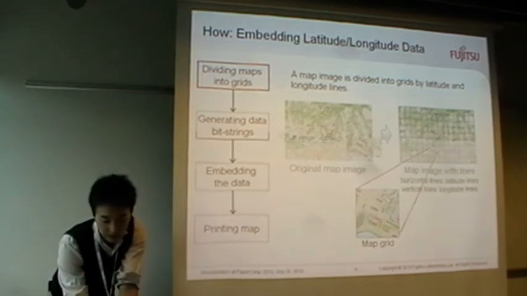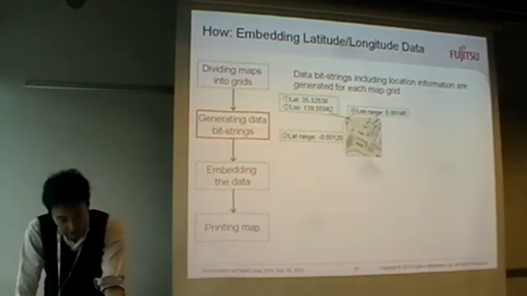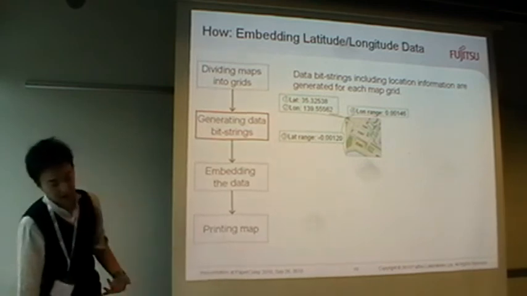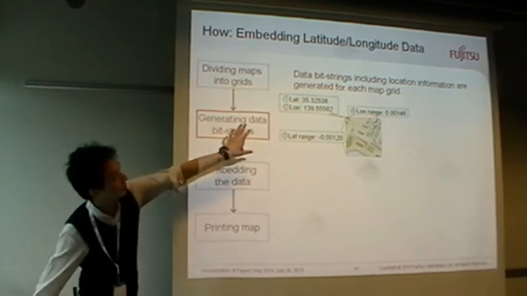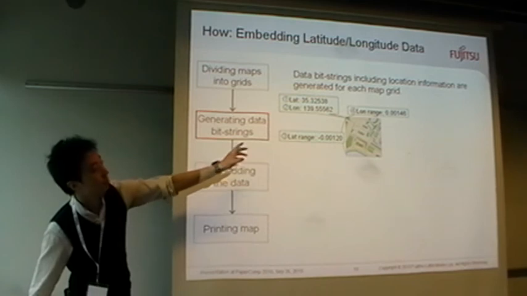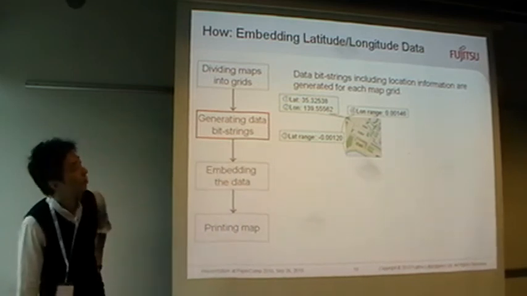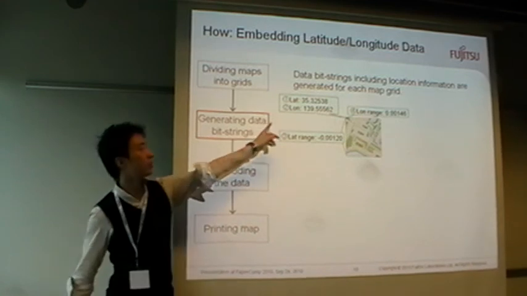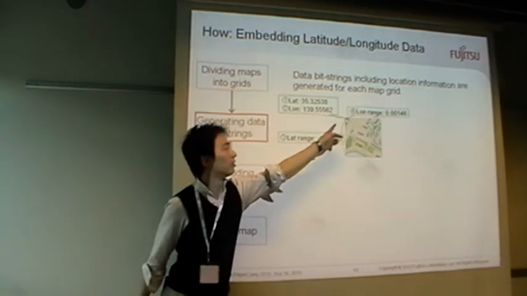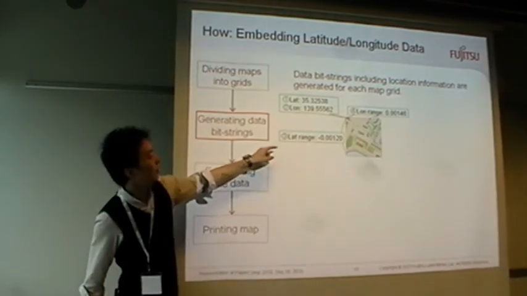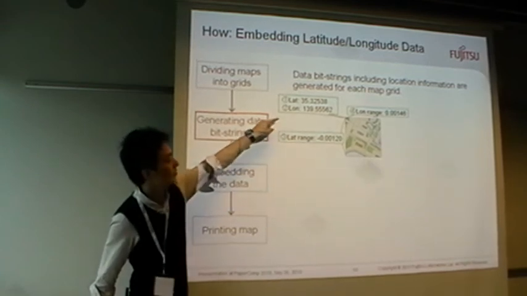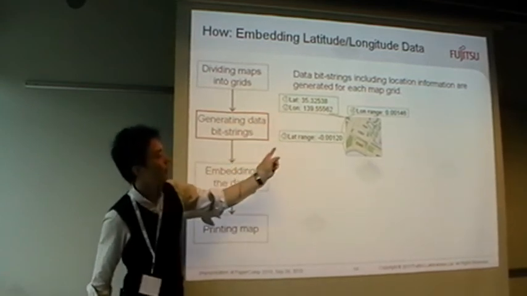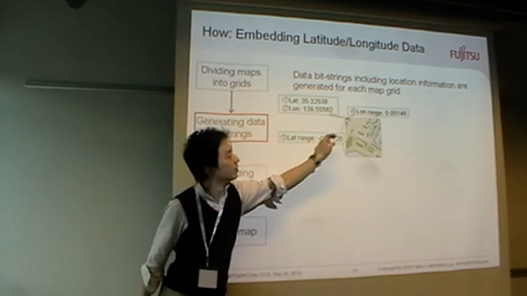And in the second step, data bit strings, including location information, are generated for each map grid. There are four data: the latitude and longitude of the top left corner, the latitude range from top to bottom, and the longitude range from left to right.